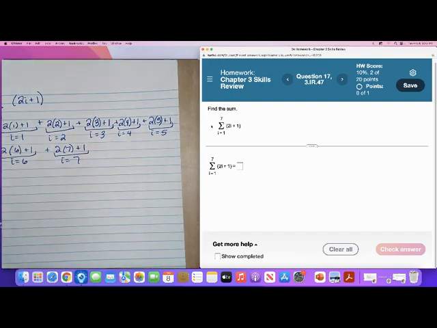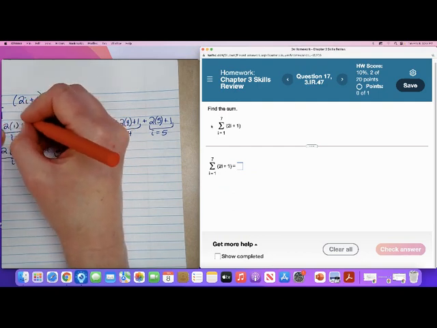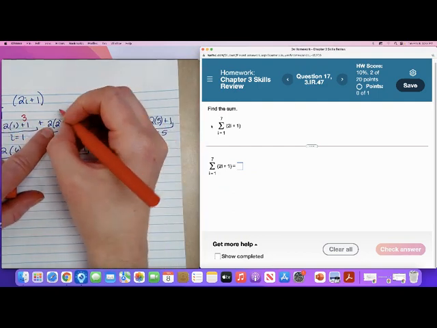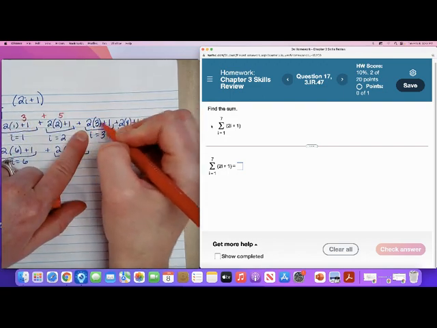So we're actually going to find these. 2 times 1 is 2 plus 1 more is 3. 2 times 2 is 4, 4 plus 1 is 5. So I'm finding all these. 2 times 3 is 6, 6 plus 1 is 7.